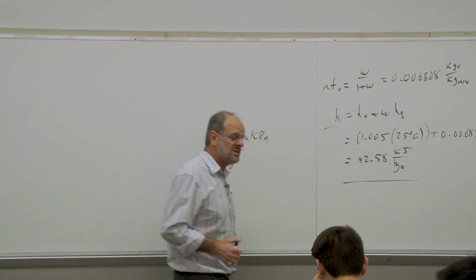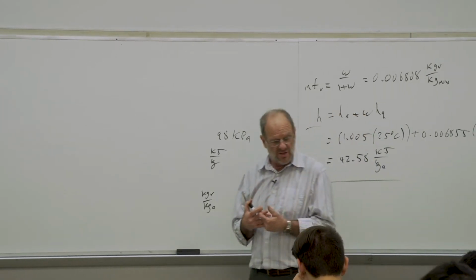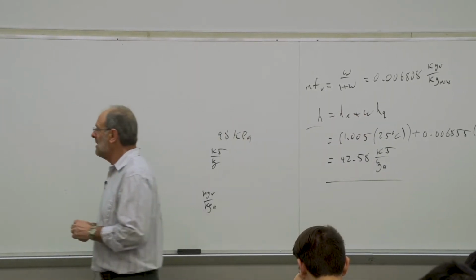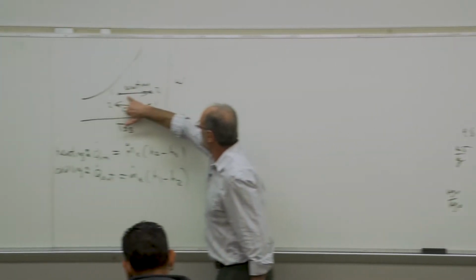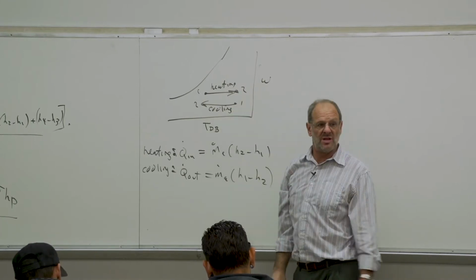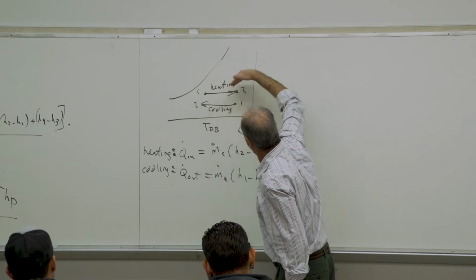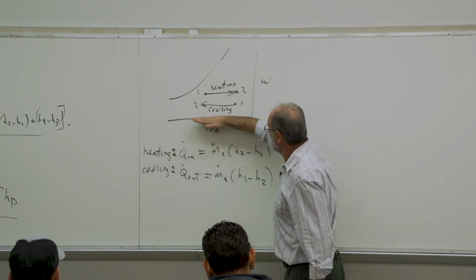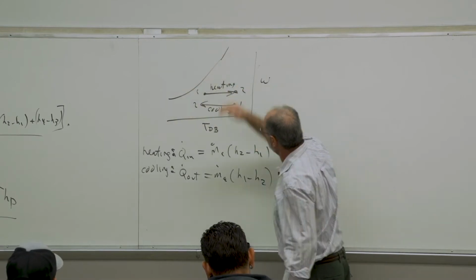All right, so what about other situations? What if we have a situation where it's not only too cold, but the air is also too dry? One thing we might note, and let's just look at simple heating for a moment: as we heat up the air, the relative humidity drops, right? The relative humidity would be represented by these angled lines that start at the horizontal with relative humidity of 0 and go up to 100% along the saturation line.